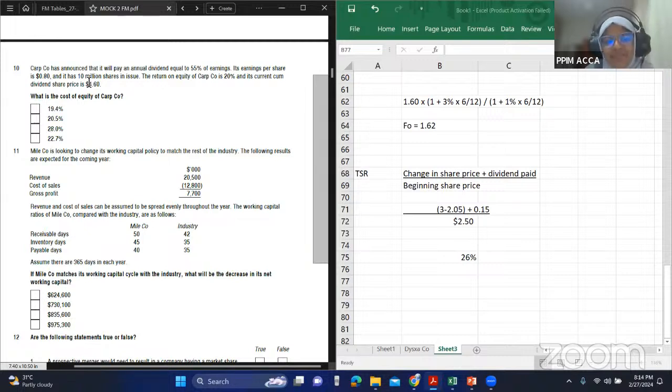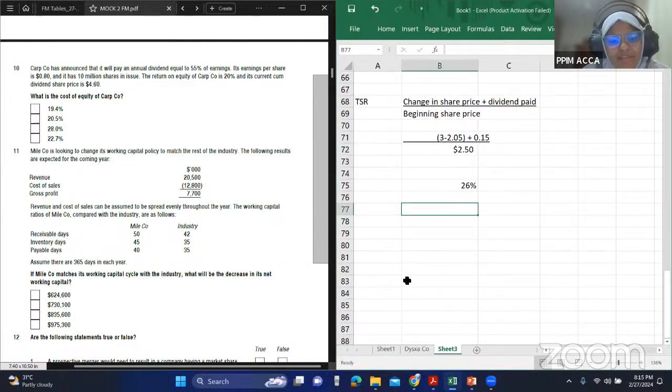Now, what you have to understand is if you are going to use the DVM, then you have to have the dividend, the growth, and the market price. Obviously, we don't have any information to do with CAPM, because it is either DVM or CAPM. CAPM means we need to have a risk-free rate and all. They haven't given that. So we know for sure we have to use the dividend valuation model.